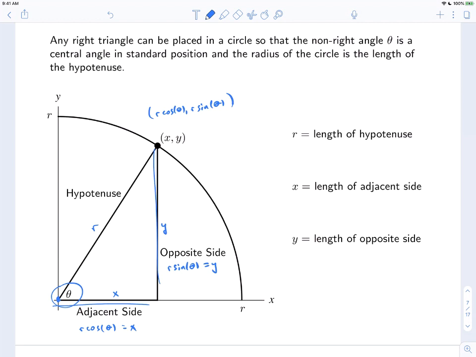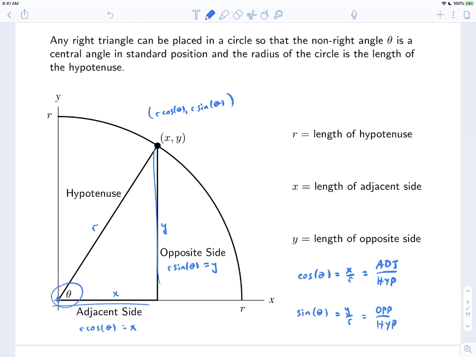So remember, we can solve for cosine of theta by dividing by r, x over r. So this is going to be x, which is the length of the adjacent side, divided by r, which is the length of the hypotenuse. And similarly, sine of theta is y over r, but y is the length of the opposite side, divided by r, which is the hypotenuse.